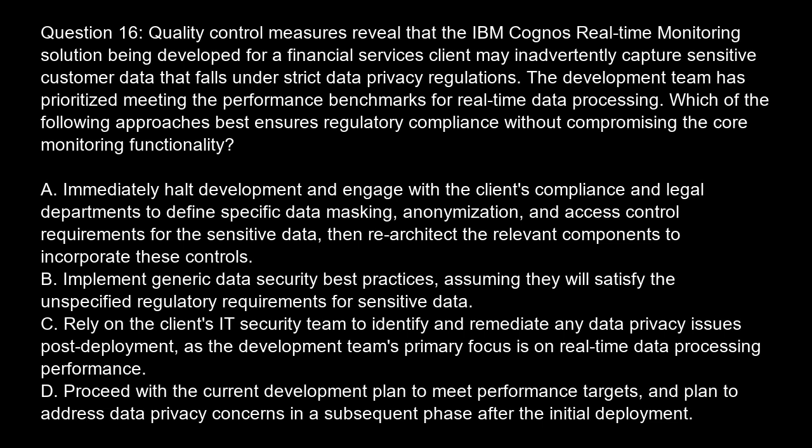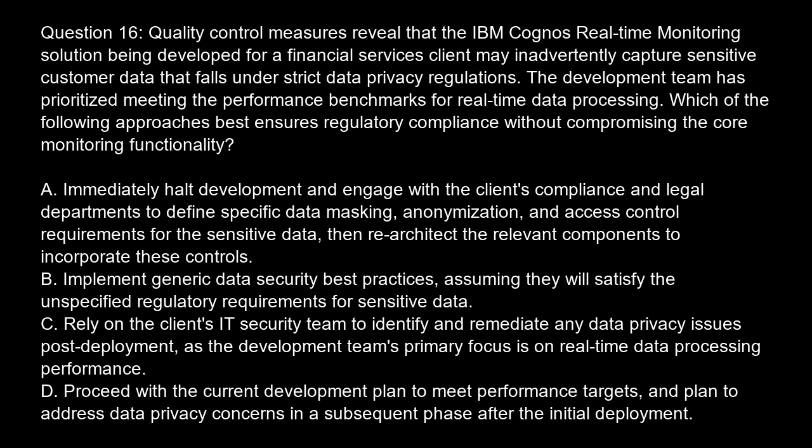Option A. Immediately halt development and engage with the client's compliance and legal departments to define specific data masking, anonymization, and access control requirements for the sensitive data, then re-architect the relevant components to incorporate these controls. Option B. Implement generic data security best practices, assuming they will satisfy the unspecified regulatory requirements for sensitive data.